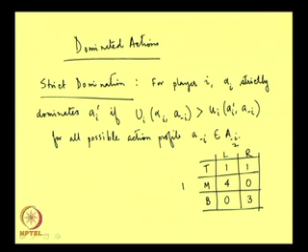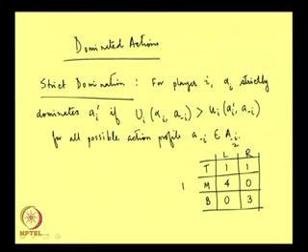Now, if we apply the idea of strict domination that we discussed before, where no randomization was allowed, then no action of player 1 dominates her other actions.